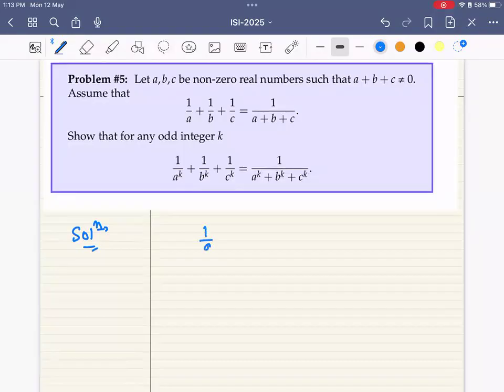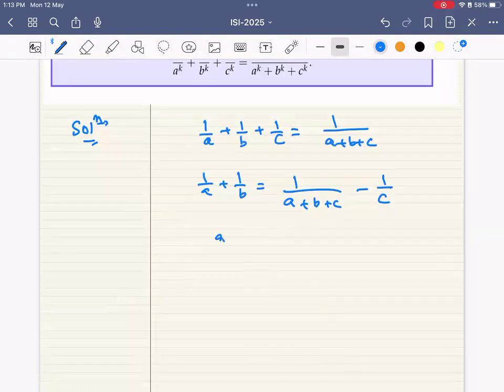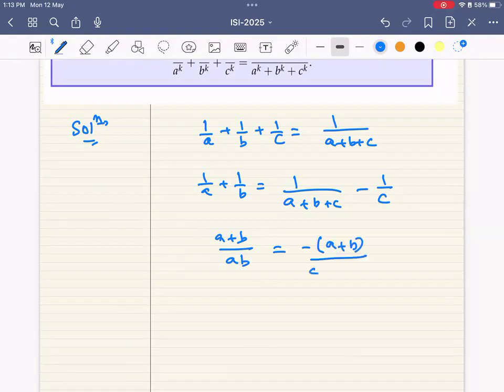So 1 upon a plus 1 upon b plus 1 upon c is equal to 1 upon a plus b plus c. So 1 upon a plus 1 upon b can be written as 1 upon a plus b plus c minus 1 upon c, and if you simplify this you'll get a plus b upon ab, and that's equal to minus of a plus b upon c into a plus b plus c, something like that.